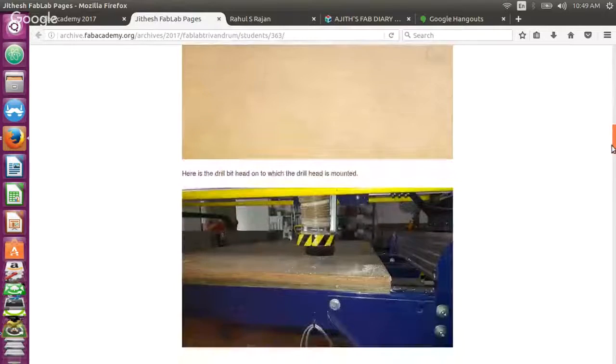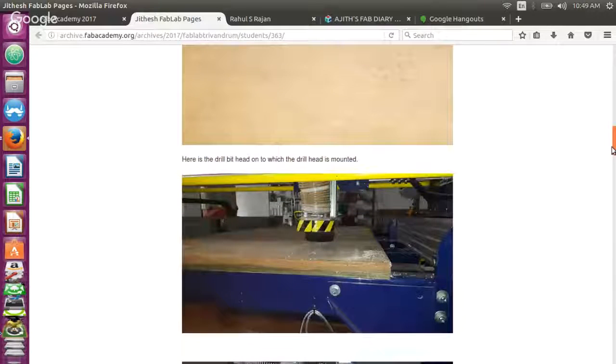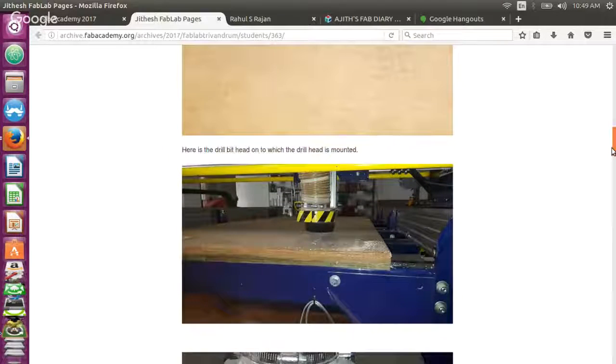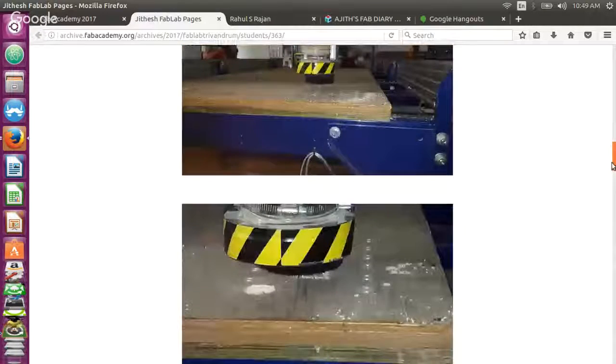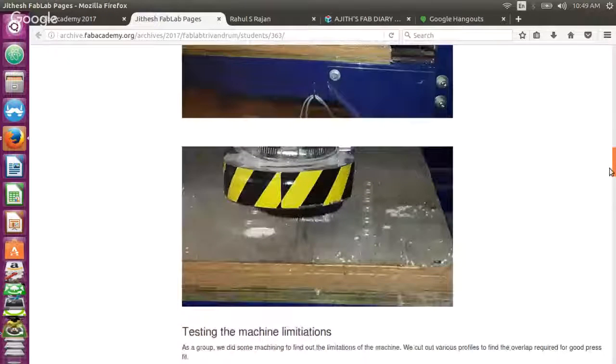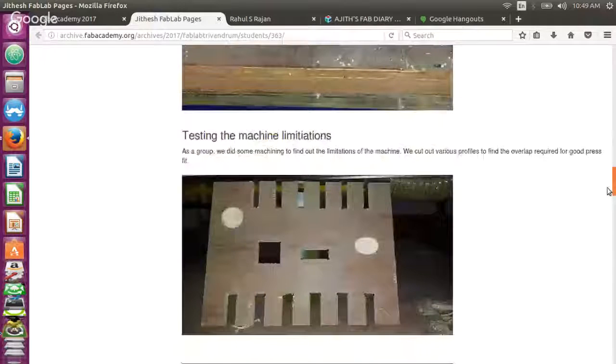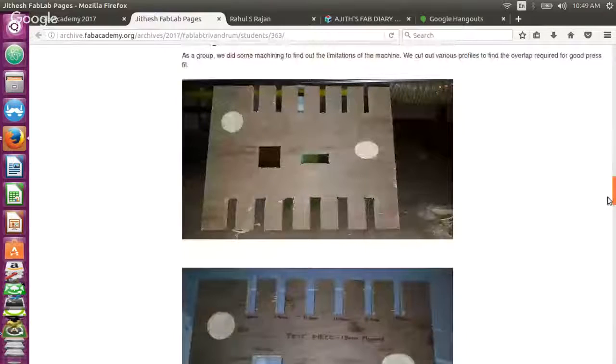And this is the group project where we did to find out the limitations of the machine.